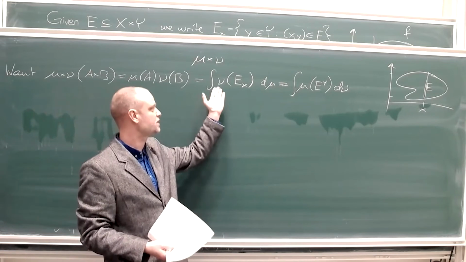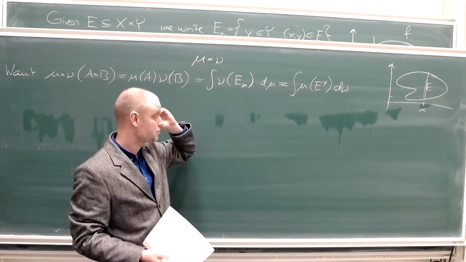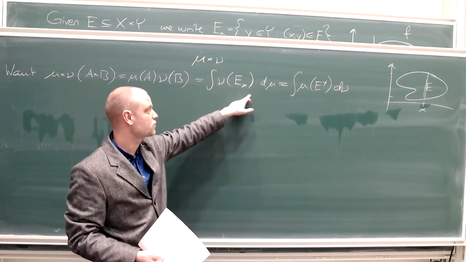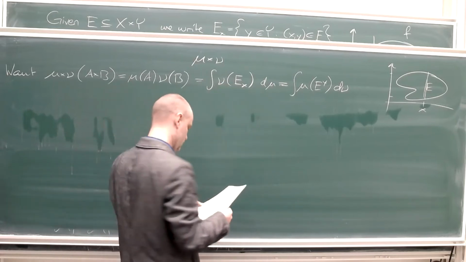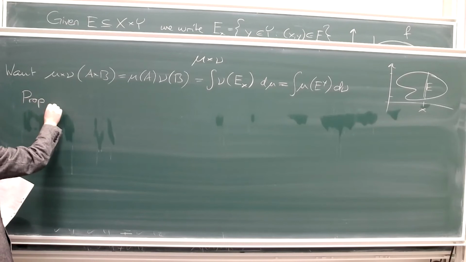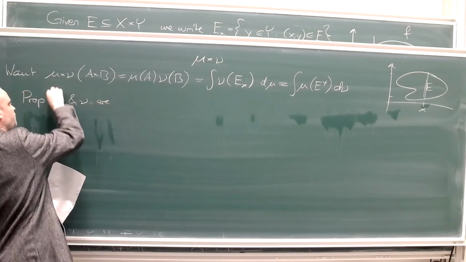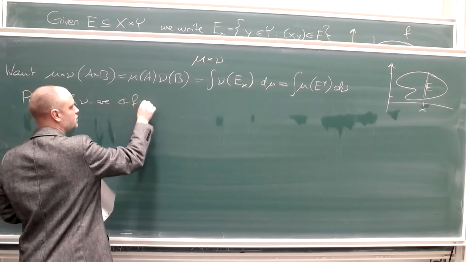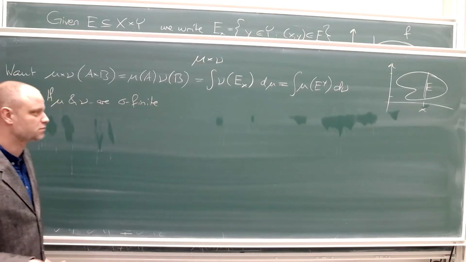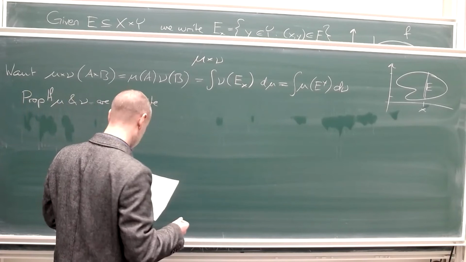But before we get there, here are problems arising. Do we even know that this is a measurable function? So, okay, stop to think about it. For each x, E_x is a set, nu of E_x is a number, so this is actually a function here. So at least if mu and nu are sigma finite, and as I've said many times, I don't care about non-sigma finite measures, but if ever you bump into one, remember that maybe you have to be careful using convergence theory.